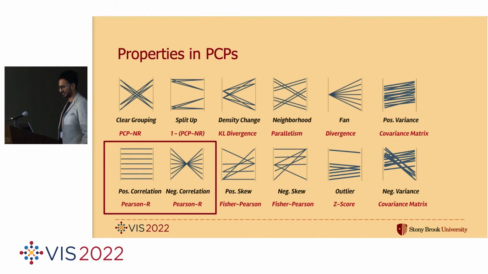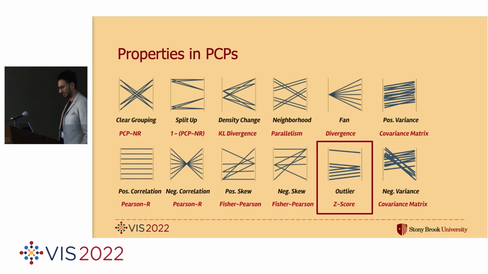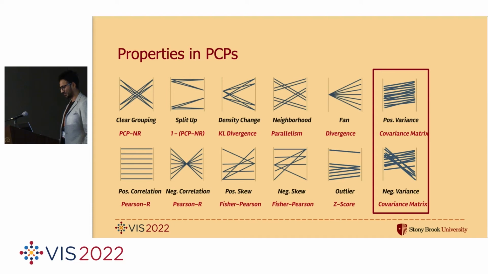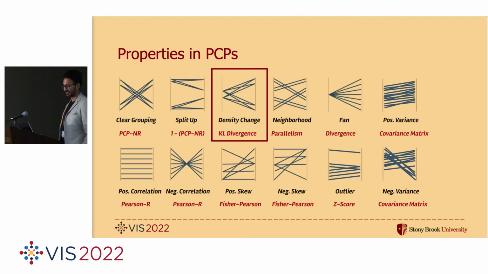Correlation is Pearson R, skewness is the Fisher-Pearson coefficient, outliers are the z-scores, and variance can be calculated with the covariance matrices. For fan and neighborhood, we use existing works to calculate parallelism and divergence properties in the data. For density change, we calculate KL divergence, basically measuring how the distributions change moving from the left axis to the right axis.